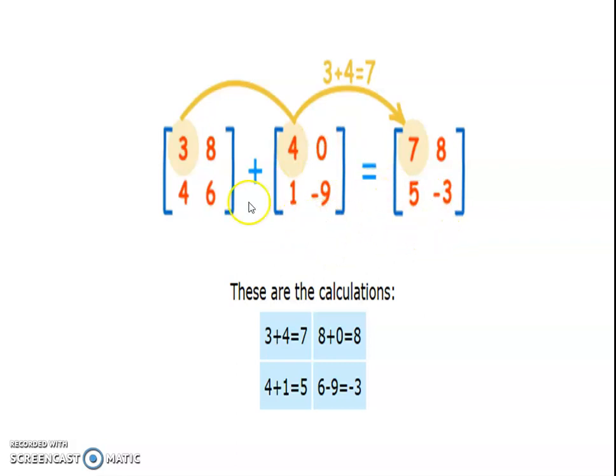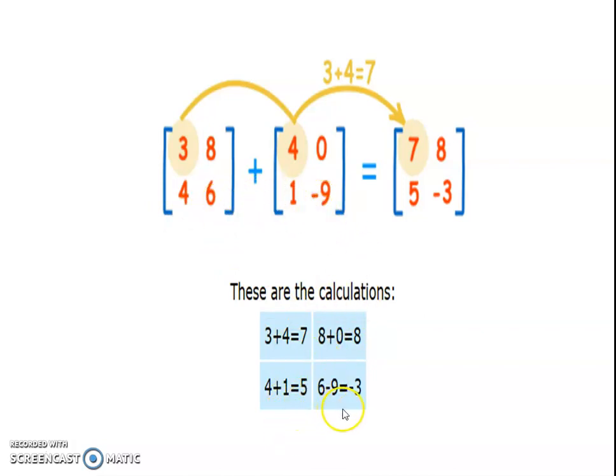How do we add these two? We add 3 plus 4 equal to 7. The next elements are 8 and 0, so 8 plus 0 is equal to 8. 4 plus 1 is equal to 5.